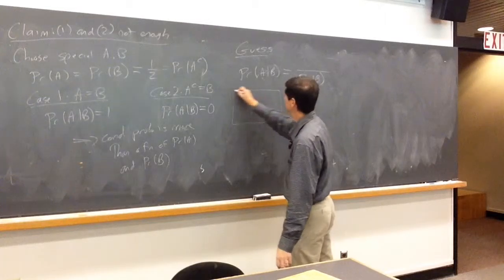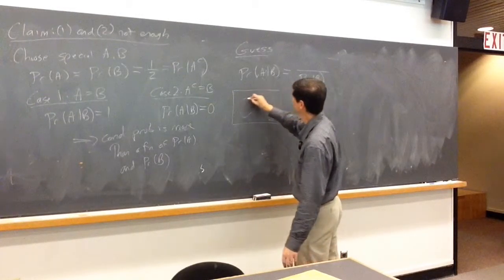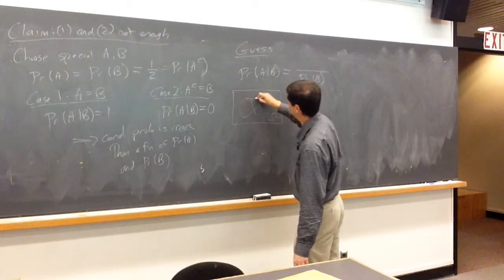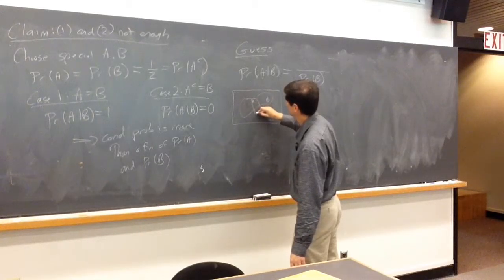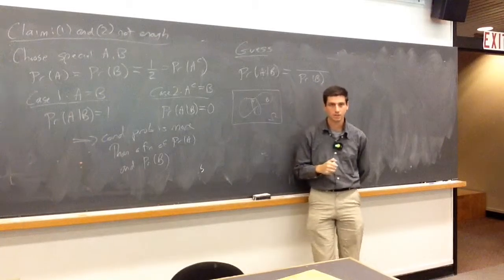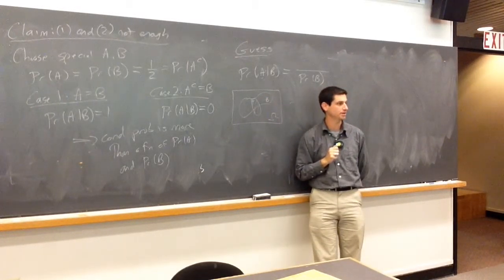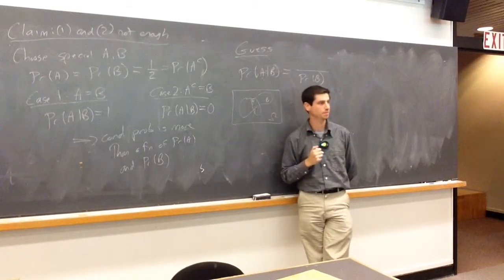So maybe originally, here's my entire sample space omega. And then here is B. And now maybe here is A over here. And so only the part of A that lives inside B is going to matter. So I'm looking at probabilities relative to B.